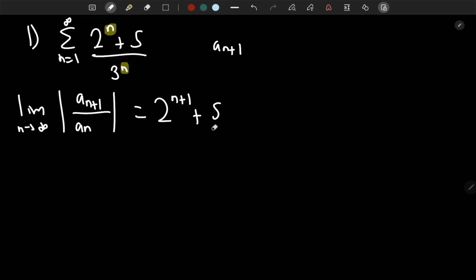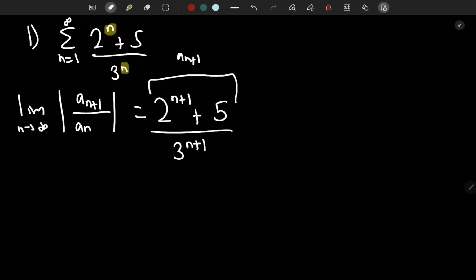The 5 stays the same since there's no n there. And over, we have 3 to the power of n, so it's going to be 3 to the power of n plus 1. Now, this entire part is a n plus 1, right? Now we have everything over a n, the original thing.